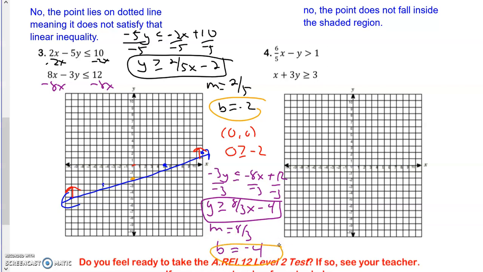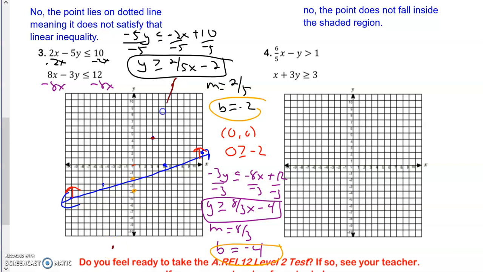So I'm going to start here at negative 4, and this time I'm going to go up 8 and over 3, and then I'm going to go up 8 again and over 3, and then from this dot I'm going to go down 8 and over 3.